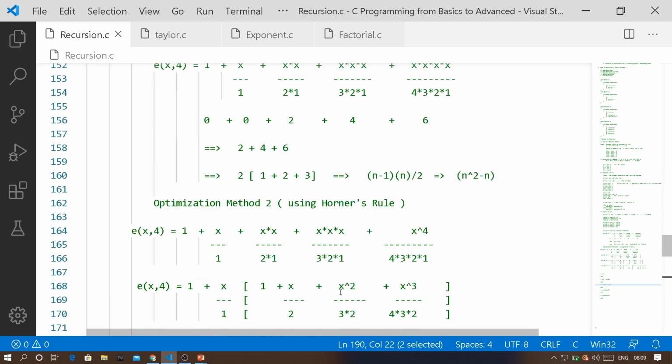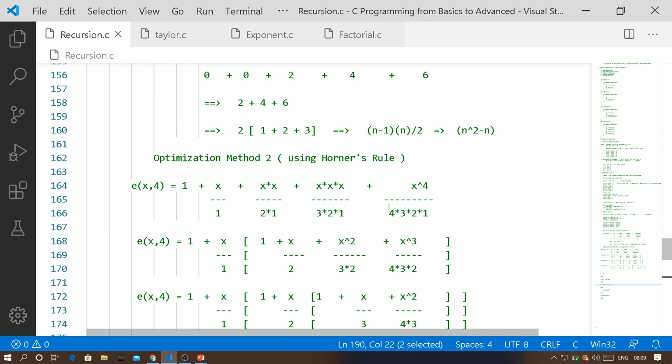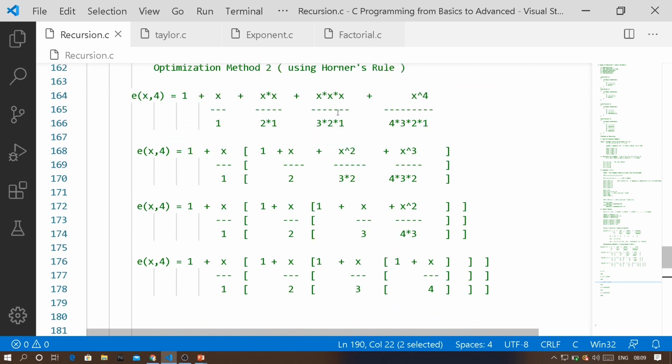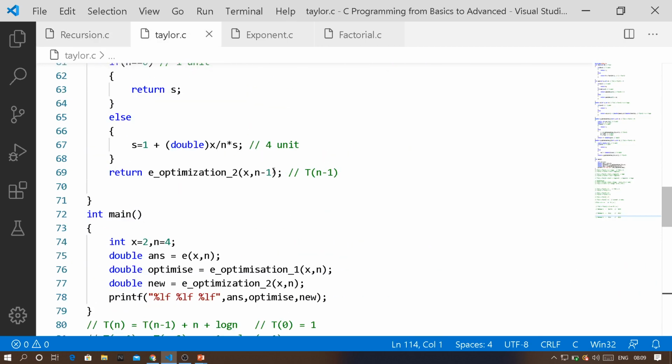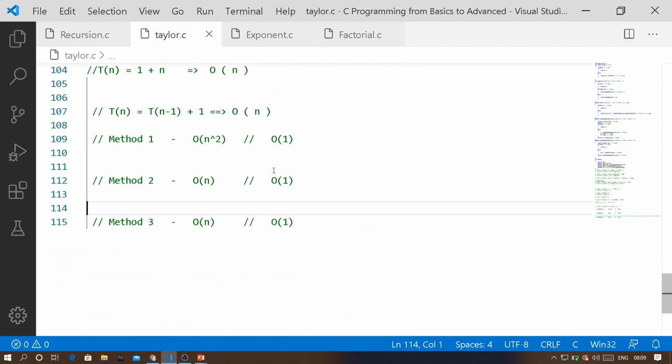We also calculated the time complexities of these 3 methodologies separately, and we came to the conclusion that method 1 is taking order of n square, method 2 is taking order of n time complexity, and method 3 is taking order of n time complexity, wherein the space complexity of all the 3 methods is order of 1. With this comparison, and also with the number of multiplications taken, we concluded that method 3 is very efficient, then comes method 2, and then comes method 1.